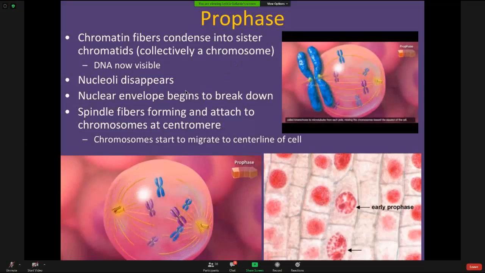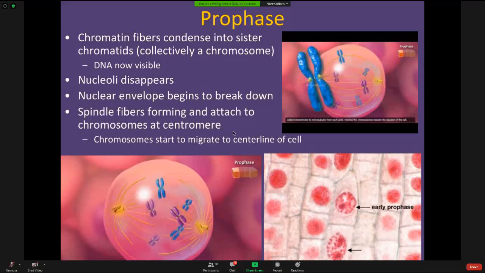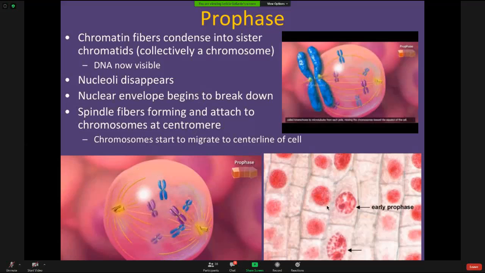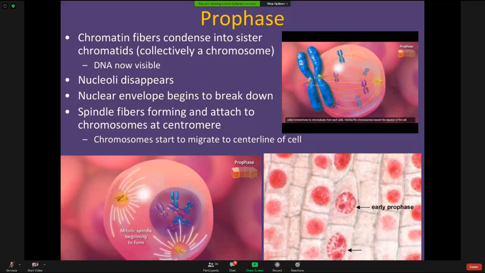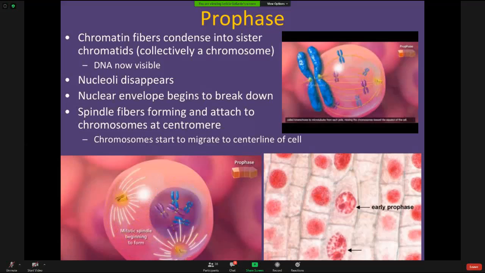As this progresses, the nucleolus is going to magically disappear, and the nuclear envelope is going to break apart because remember your mitotic spindle is outside in the cytoplasm, your DNA in the nucleus. In order for the protein fibers to attach to the DNA strands, you're going to have to break apart the nuclear membrane, the structure that's isolating and keeping those two things apart from each other.